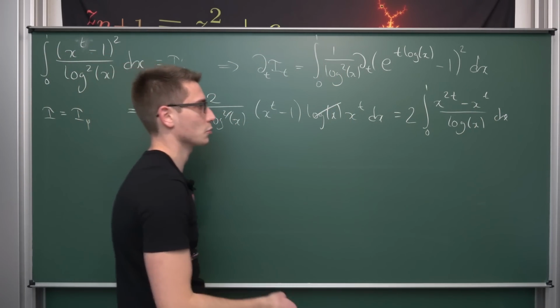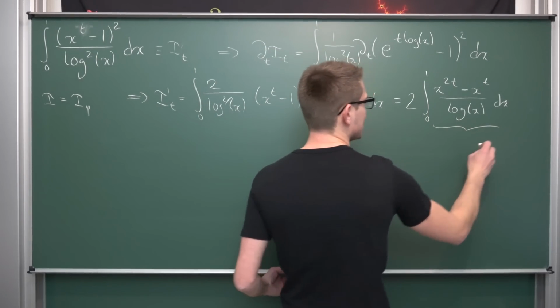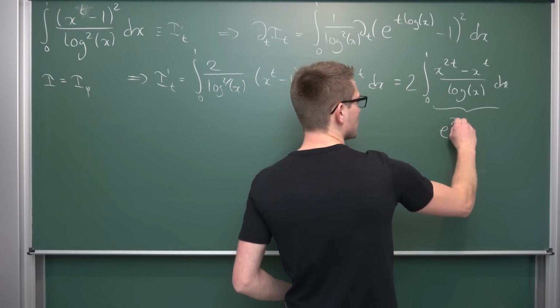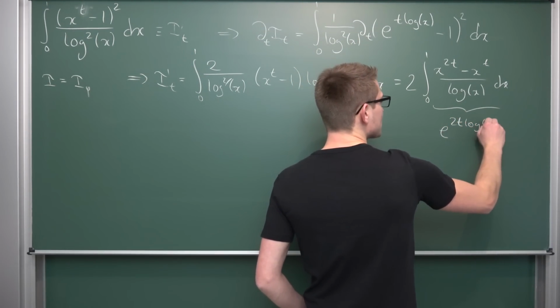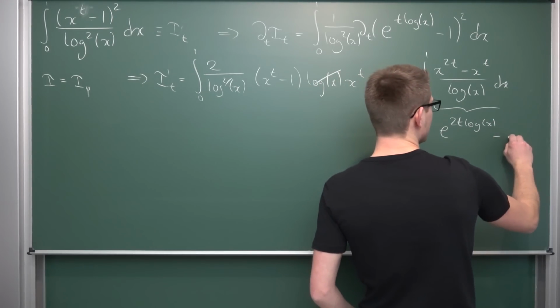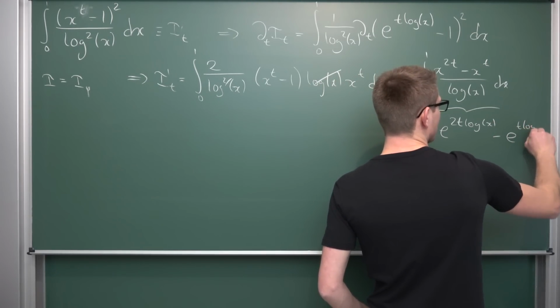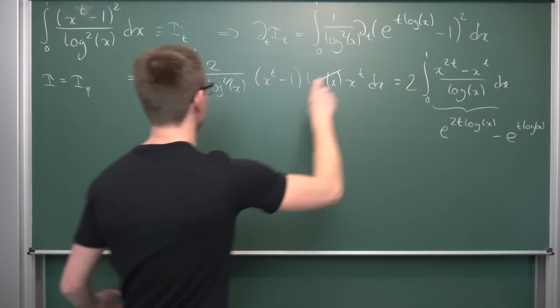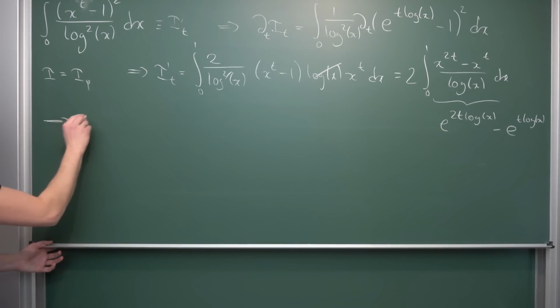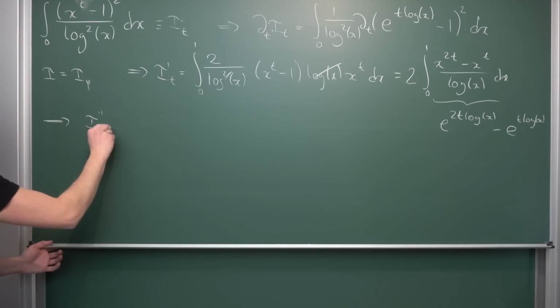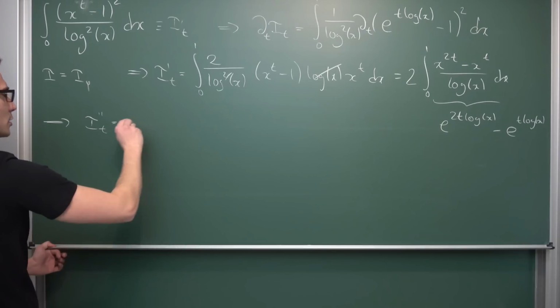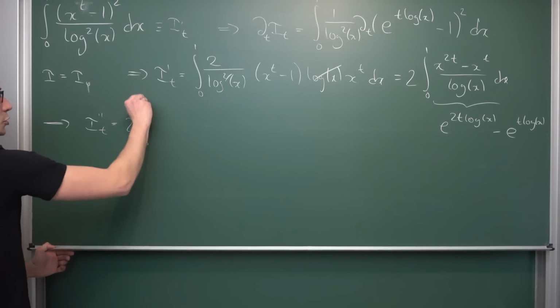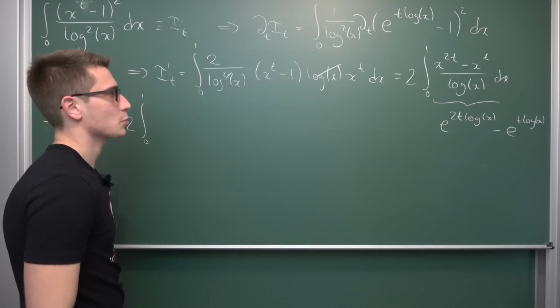This is something that is going to happen, because this integral right here is nothing but e to the 2t log of x, and also we are going to have minus e to the t log of x. So if we were to differentiate this once more, meaning I double prime t, that's going to be 2 times the integral from 0 to 1 of. Now here's where the fun begins.